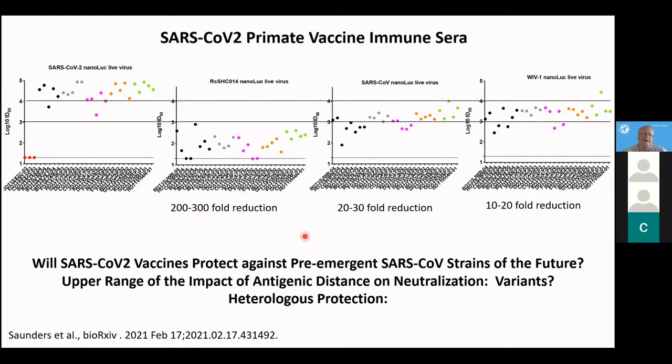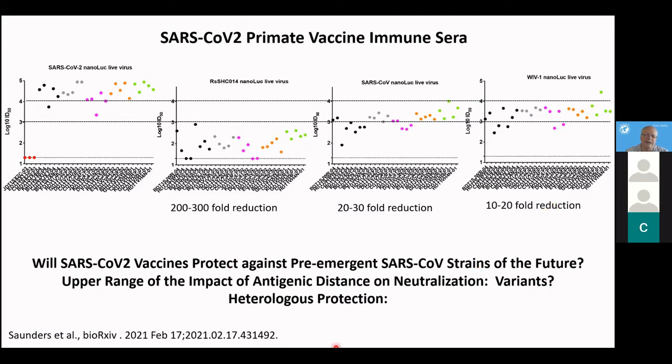We've done identical studies with mRNA vaccinated mice and shown, starting again at a neutralizing titer of about 1 to 10,000, the SHC014 viruses are about 500-fold reduced in terms of their sensitivity to neutralization. SARS is still in the 20 to 30-fold range, and WIV1 is in the 20 to 50-fold range.